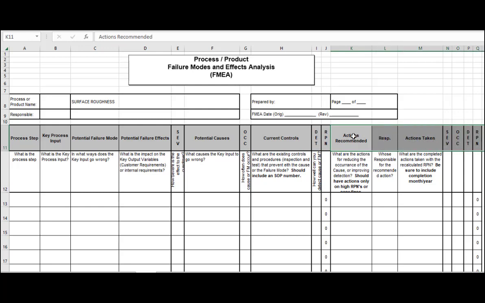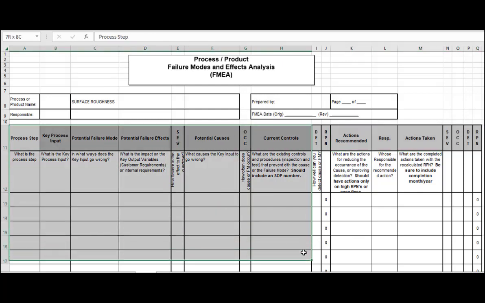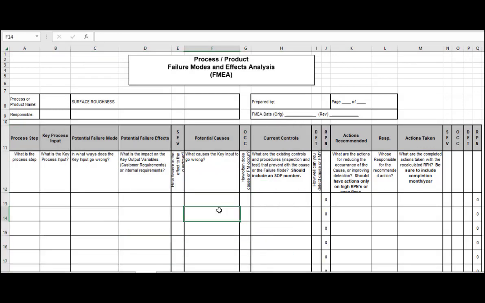This part will be filled in when the main part has been completed, so we will focus on the main part only for this example. The action, responsibility, and action taken will be filled in once we conduct the action to improve the failure.